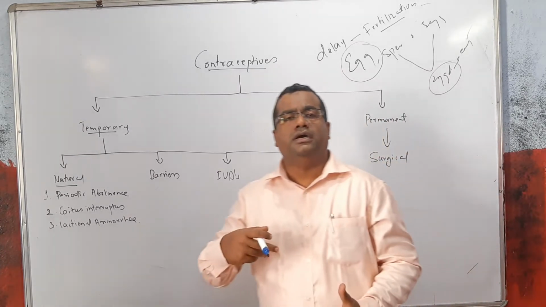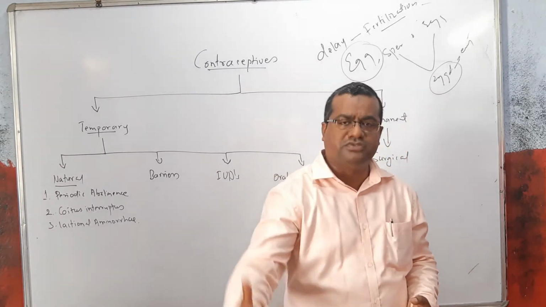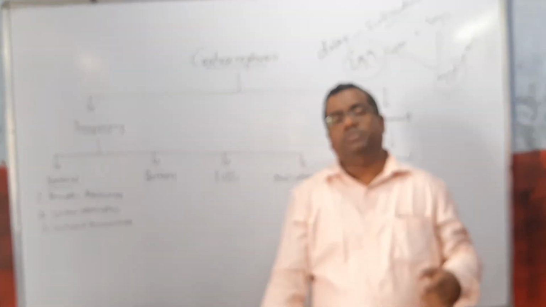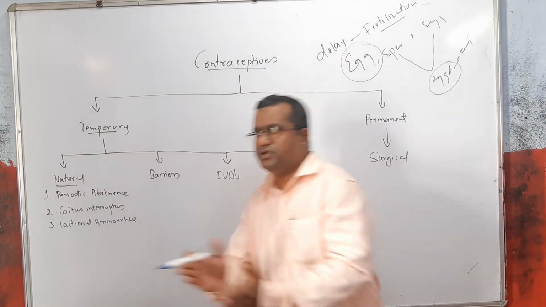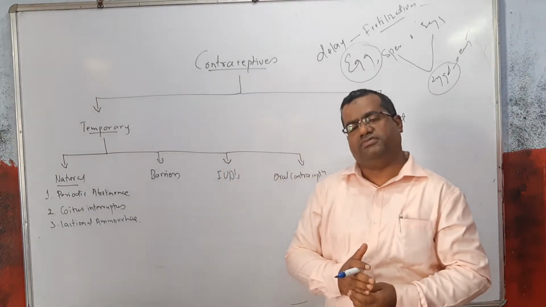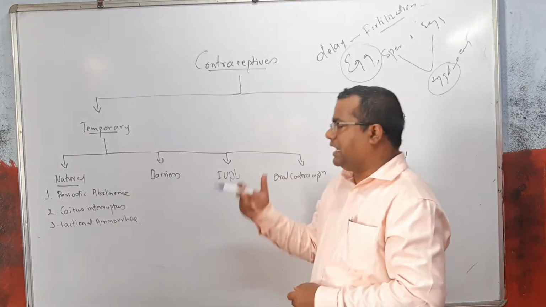Ejaculation means insertion of reproductive cells in the female genital tract. Before entry of those reproductive cells, just remove the male from the female side. That is coitus interruptus.